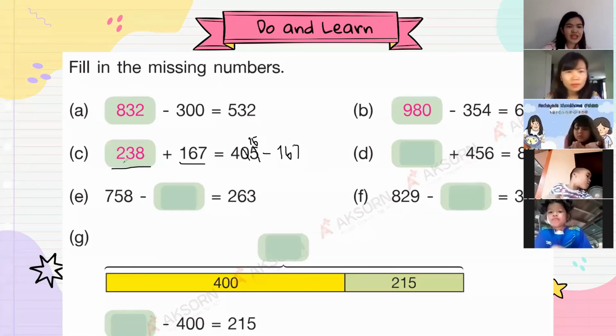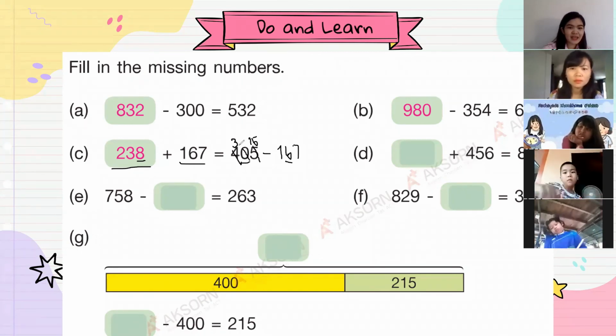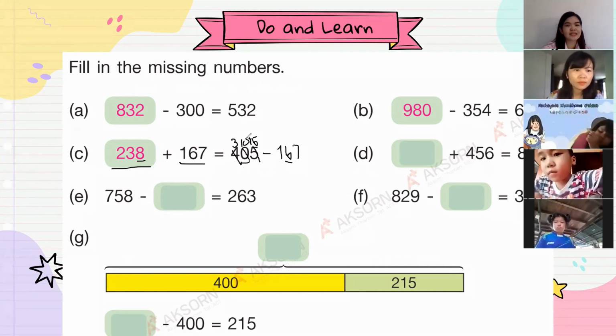So if we're going to check this one, you put it here and then next the tens. So you're going to borrow again. And then this will be 10, 9.